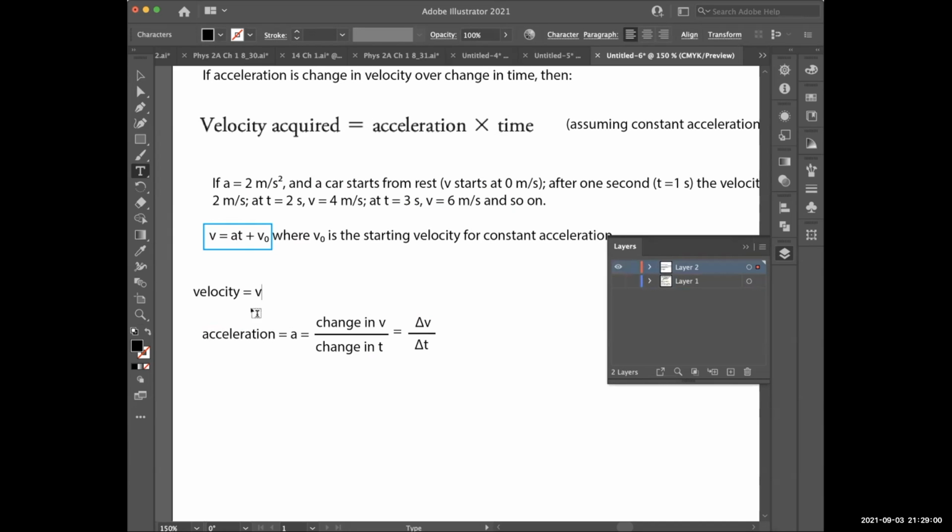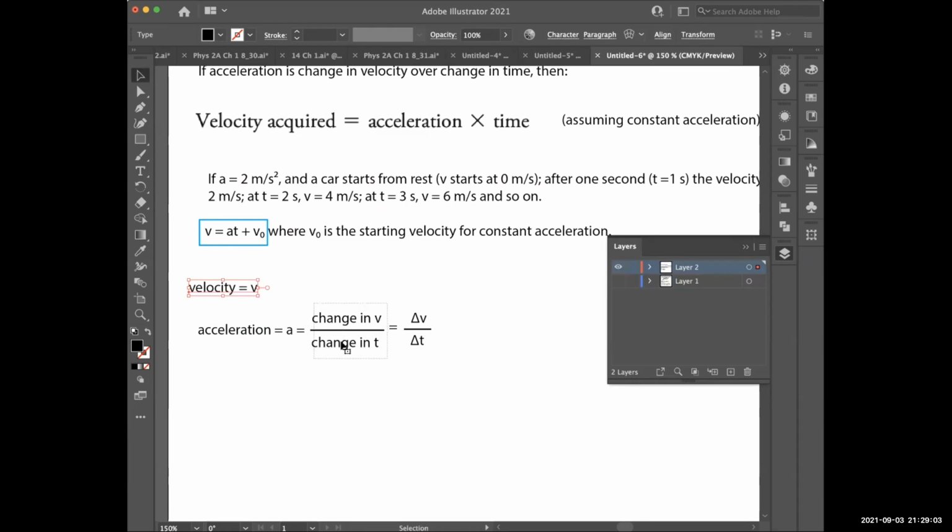So velocity is going to be change in, let's call this x, or displacement, over change in time, where x is displacement.